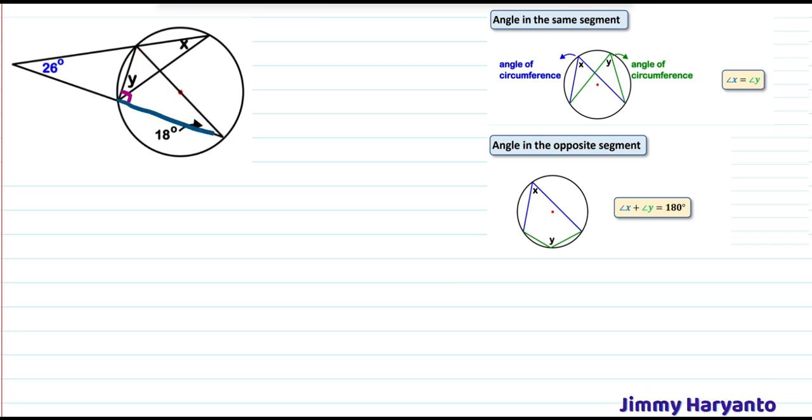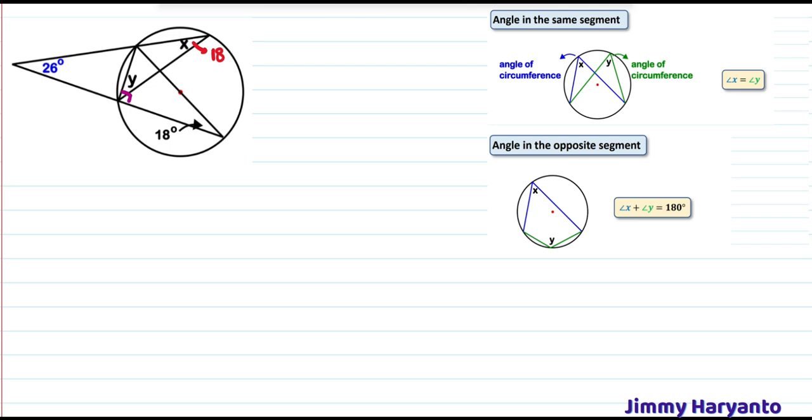If this one is 18, it is the circumference angle facing this arc. And then we have another one, which is also a circumference angle facing the same arc. That means the X will be 18. So the X is 18.